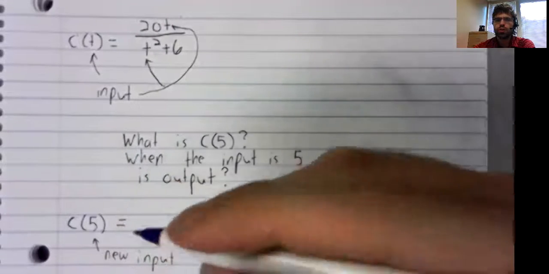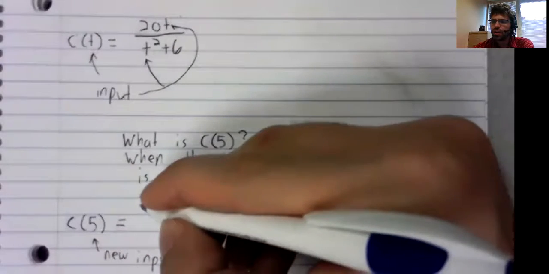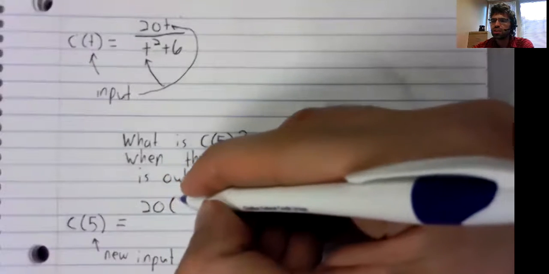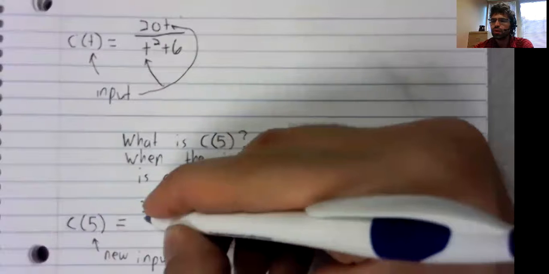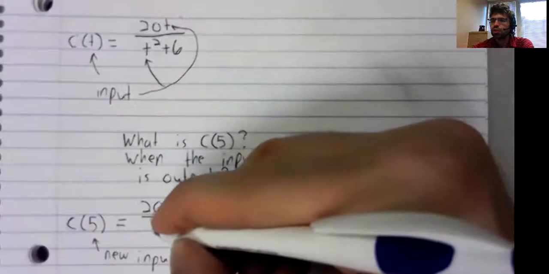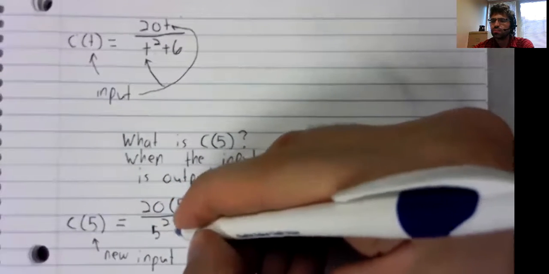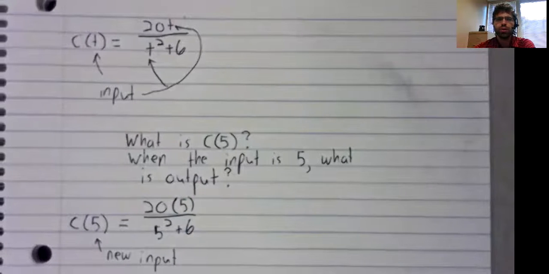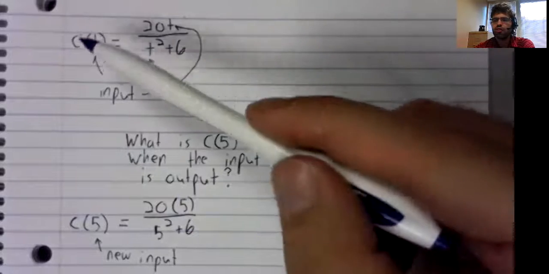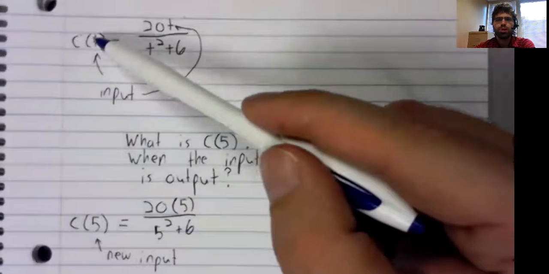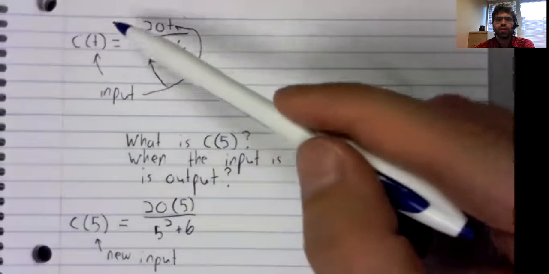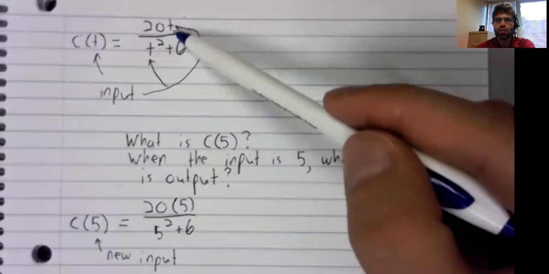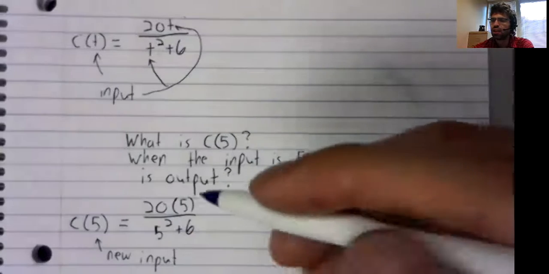And we're going to go over here on the right, and everywhere the old input t appears, we're going to replace it with the new input 5. So whatever you replace the input with over here, you replace the input over here with that same thing.